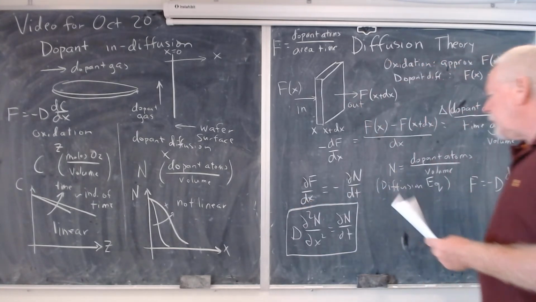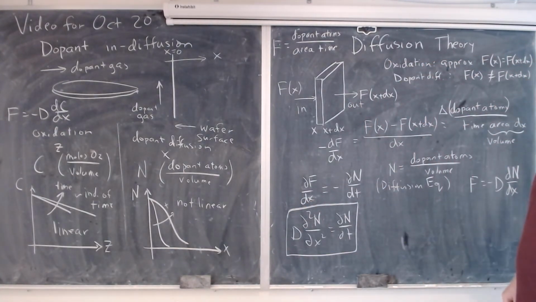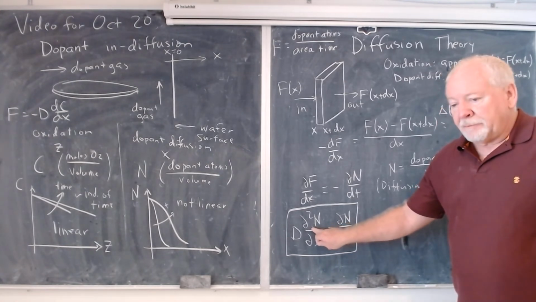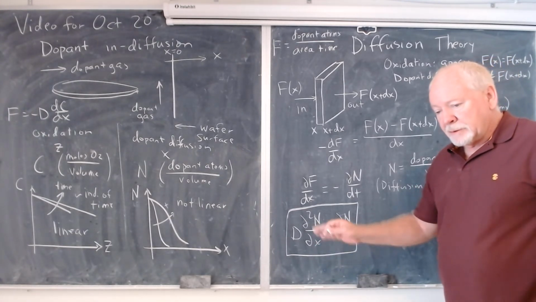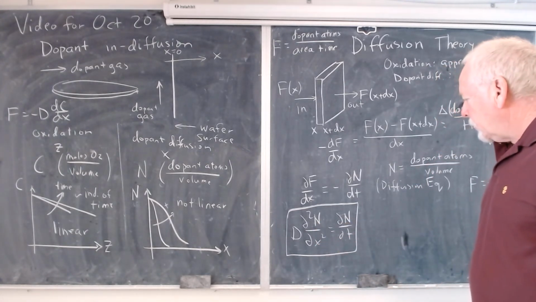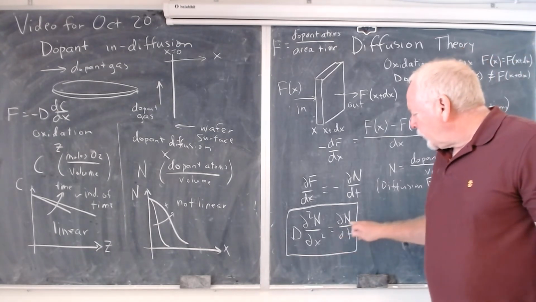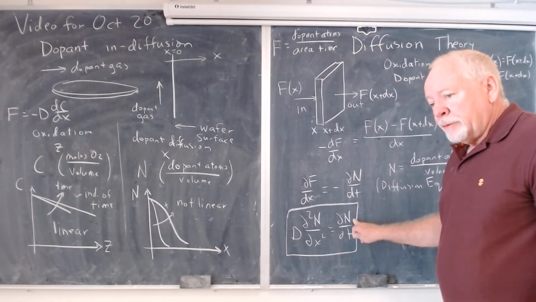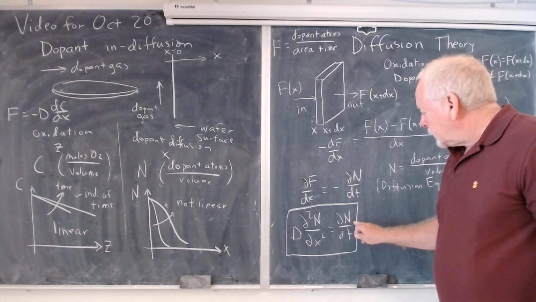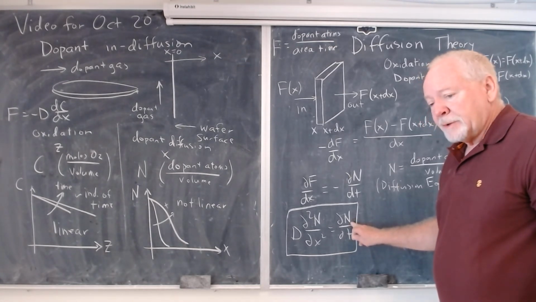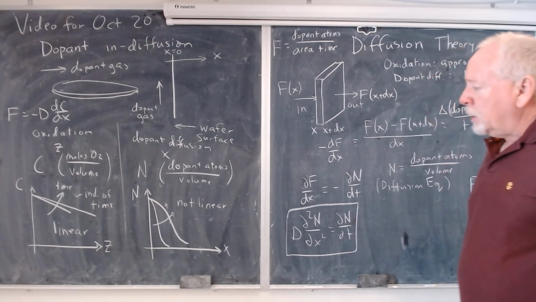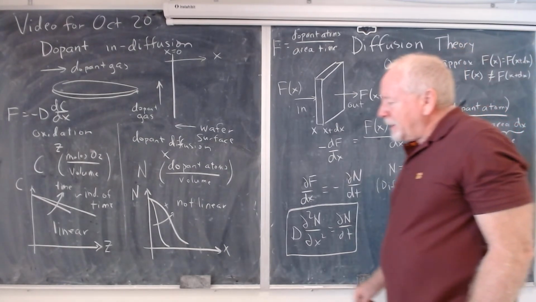Okay, and what does it say? Well, what it's saying is that if n versus x is not linear, if it's some nonlinear curve, then at any given point in space there has to be a change in n with respect to time. And of course, that's exactly what's happening.